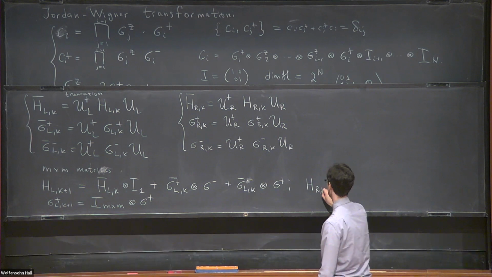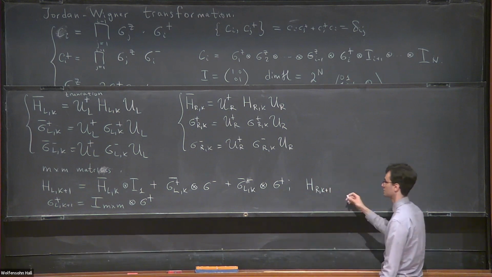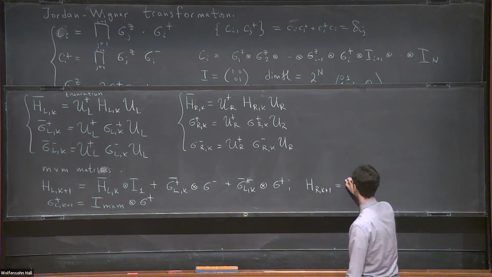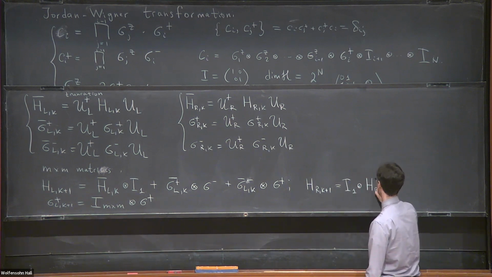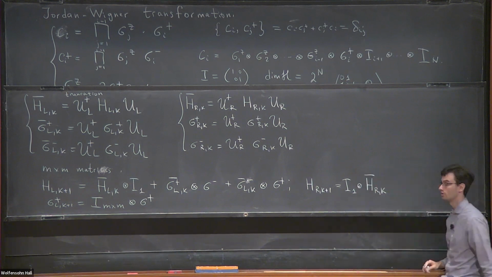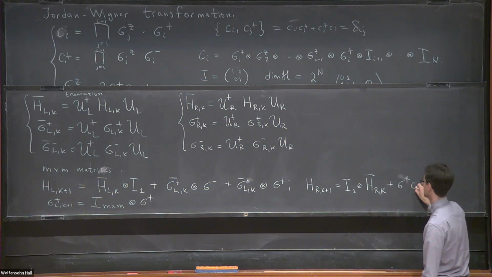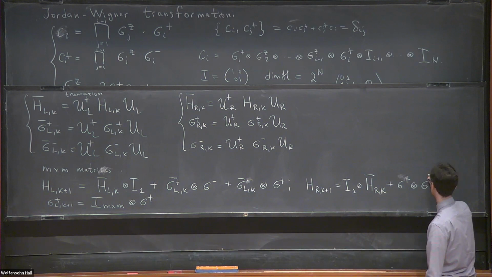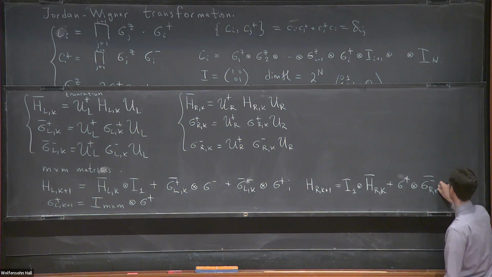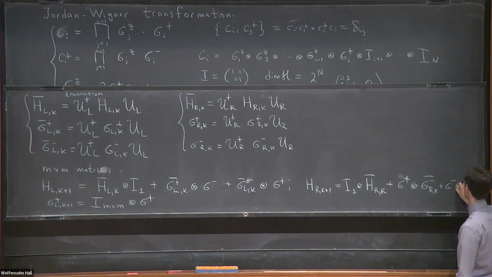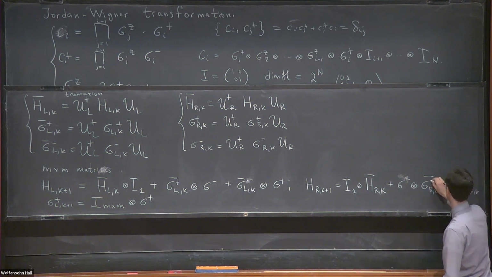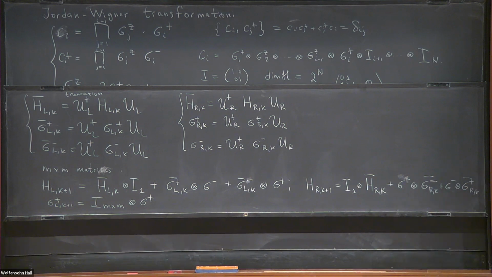And I can do the same procedure for my right block. So I can increase my right block by one site using these truncated blocks. I can write it as identity times truncated block H right k, plus sigma plus times sigma minus bar k, plus sigma minus times sigma plus bar, right?